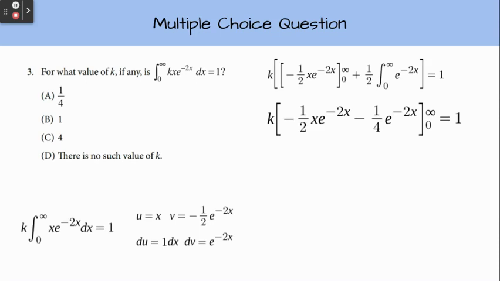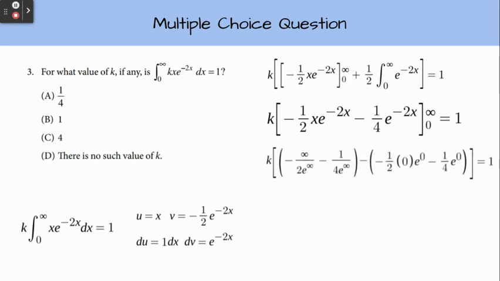That whole section is going from 0 to infinity, so you just plug in the infinities. You have negative 1/2 times infinity times e to the negative infinity, and it's a little easier to picture if you put e to the infinity on the bottom.